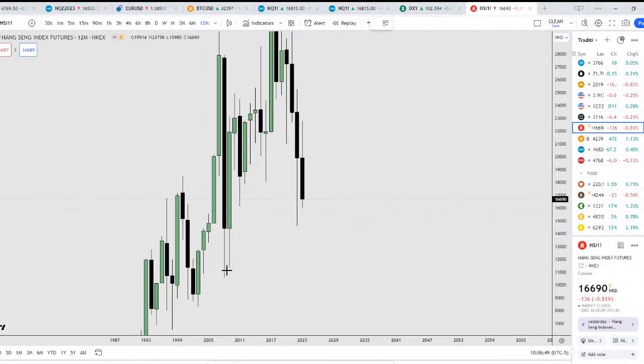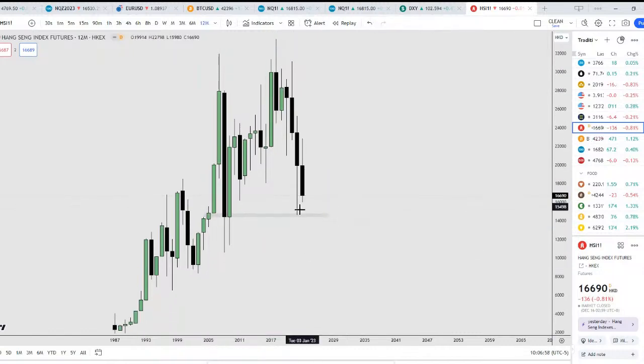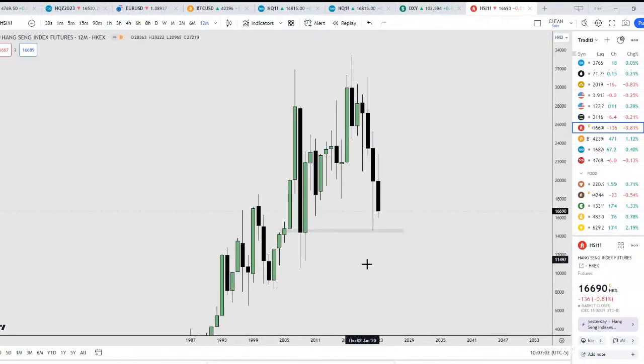Oops, this fair value gap here was used to send the price higher before. Okay, so as you can see the reaction down here, look at the bodies of the candle. So with that in mind, I'm going to use this low here as the low that made this high.